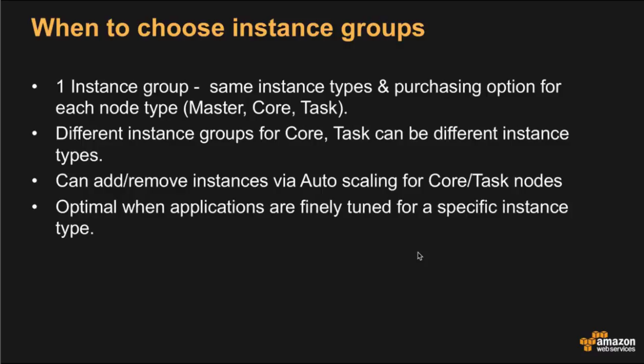It has a master node which cannot be auto-scaled, but they have core nodes which they have combined and fine-tuned with a YARN configuration in a way that works very well with EC2 Spot and leverages the instance types properly as well.